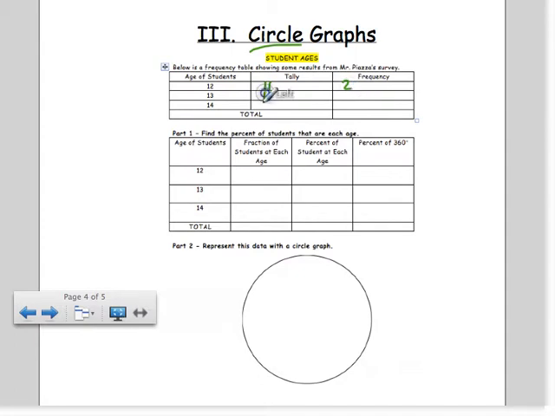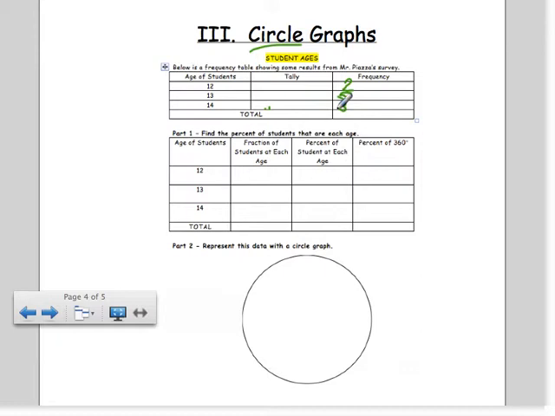We might have 6 students who are 13. And let's change it up, just so we don't have the same group size. Let's say 2 in that first group of 12-year-olds, 5 13-year-olds, and 3 14-year-olds. So 2, 5, and 3.